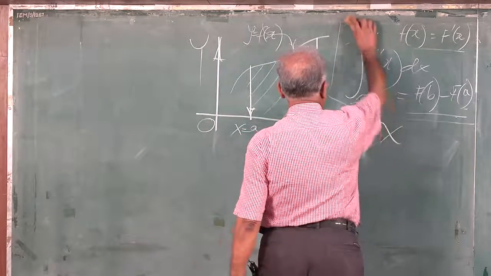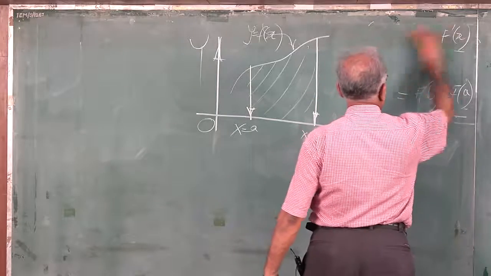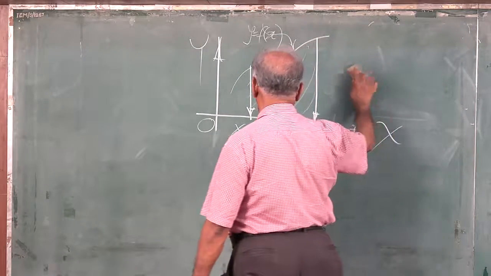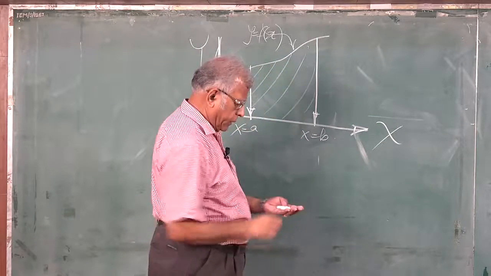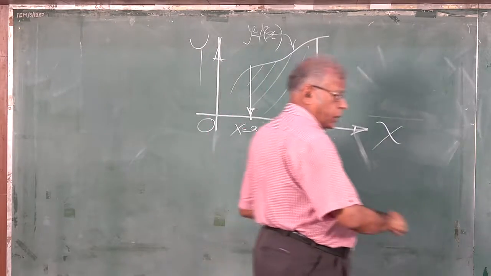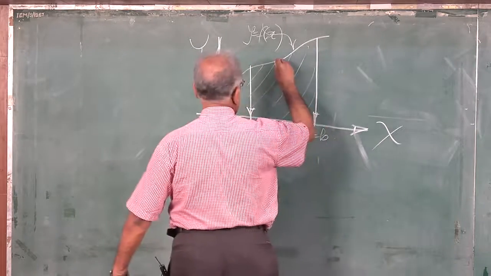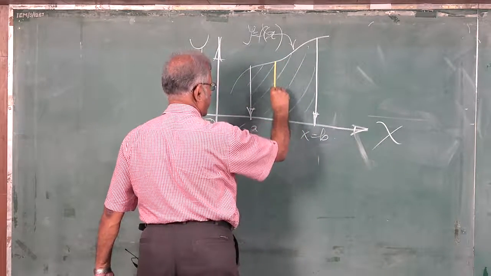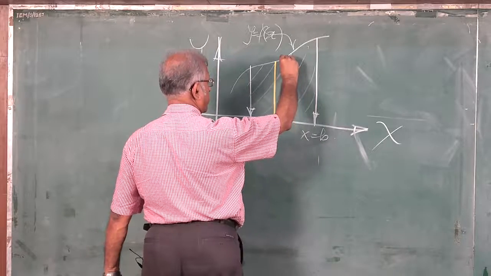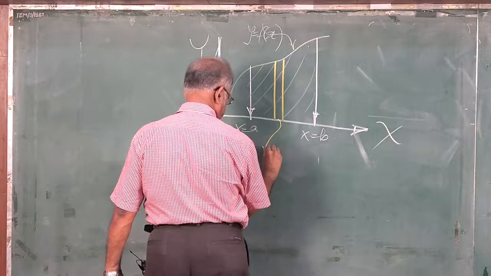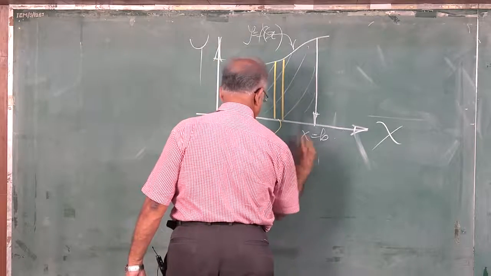Okay, that's number one. Number two, we wish to give the area element and then find it. Now, let's see. We draw a vertical strip. We draw a vertical strip here, and it has a strip width of dx.